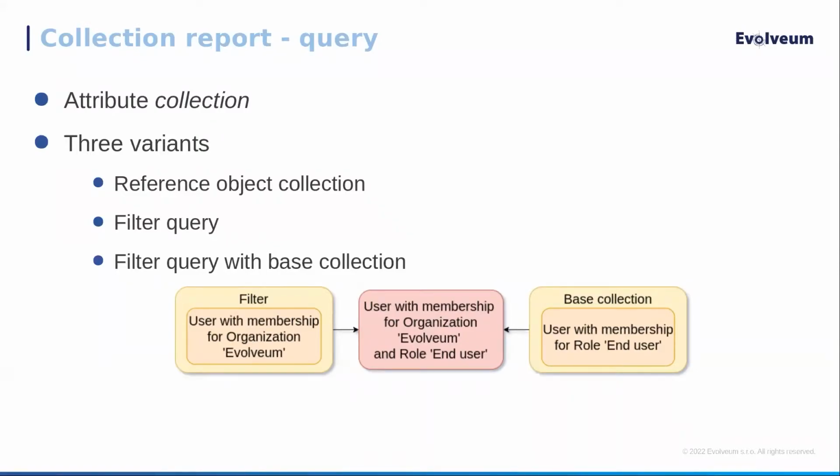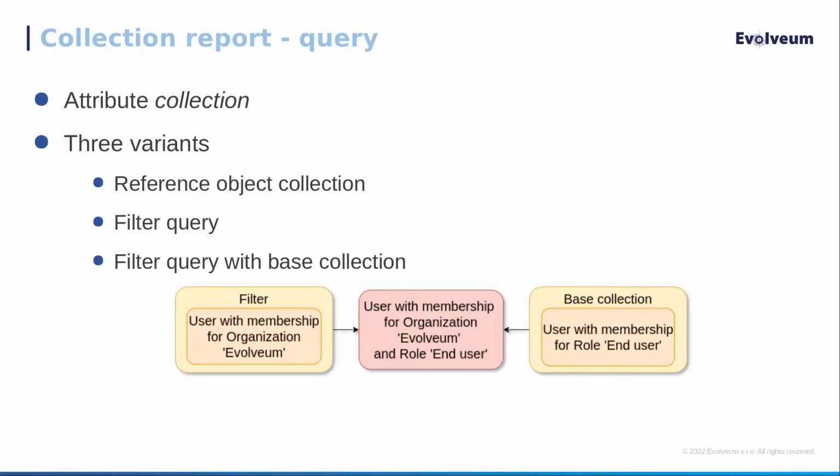We can write a filter directly in the collection attribute without a base collection, or we write a filter and use a reference to an existing collection as the base collection for the filter. If we use a filter with a base collection, MidPoint has two filters for the report, one from the report and one from the base collection. MidPoint concatenates these filters with logical AND.